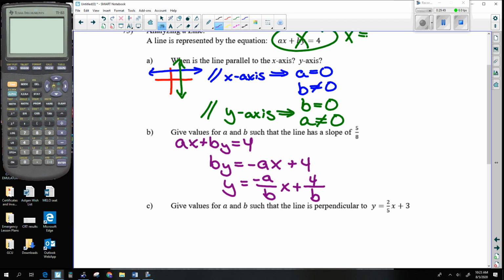If this has a slope of 5/8, that would imply that A is equal to 5 and B is equal to 8, one of them being negative. There you go. That has a slope of 5/8.